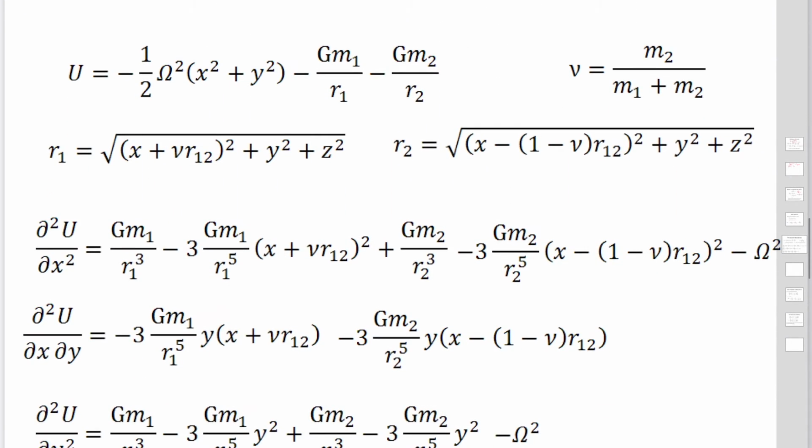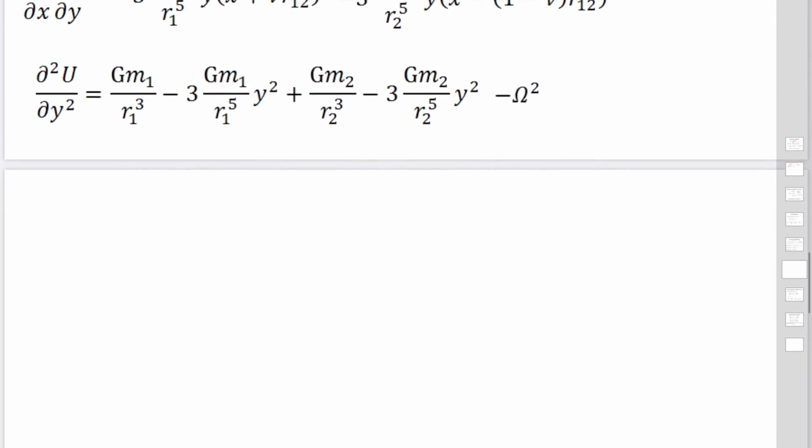Then to calculate the second derivatives, we start with this U. I'd like to show you the first derivative first. Partial U partial x can be calculated: minus omega squared x plus G m sub 1 over r sub 1 cubed (x plus nu r sub 1 2) plus G m sub 2 over r sub 2 cubed (x minus (1 minus nu) r sub 1 2).